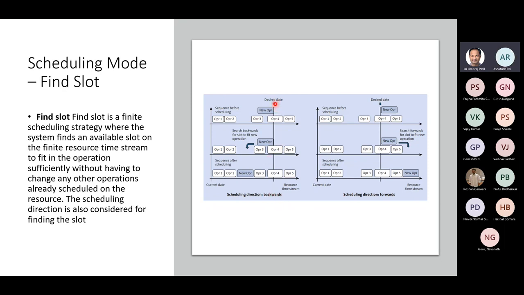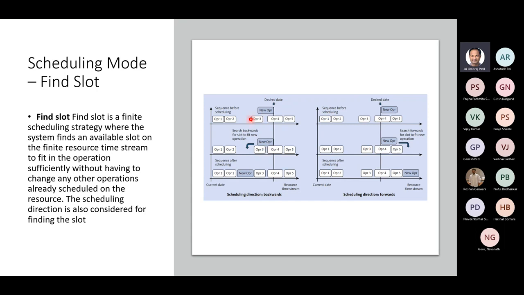So the desired date becomes the end date, and this operation goes to the left-hand side, in the backward direction. Here there is no space, so it is overloading the resource. So it goes backward, looking for an available slot required for this operation, finds the slot, and fits in here.